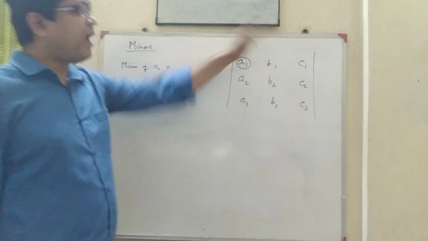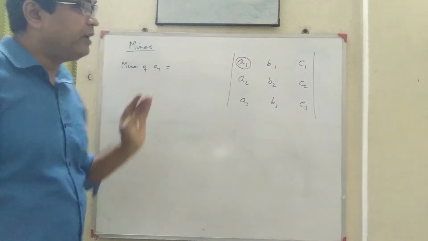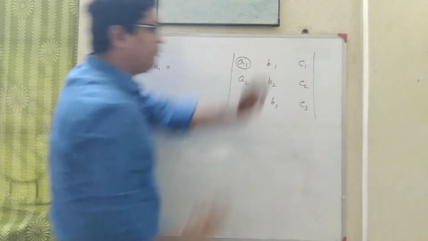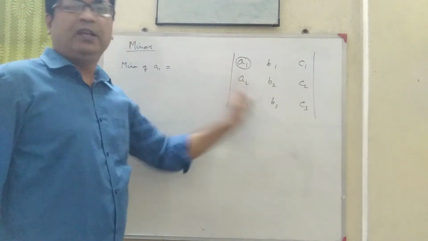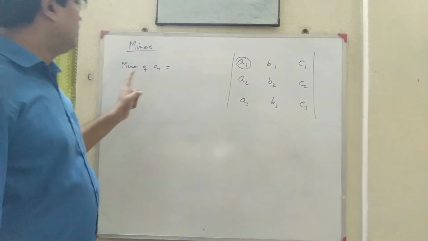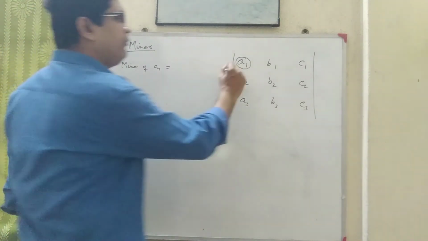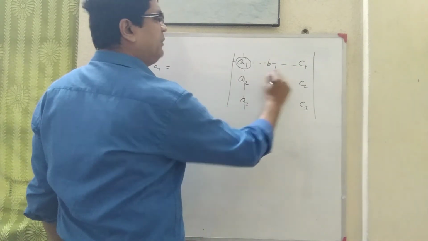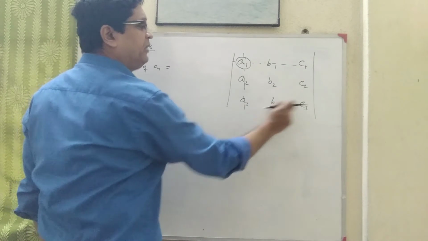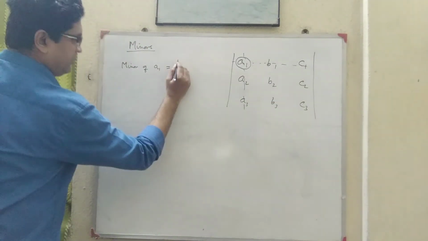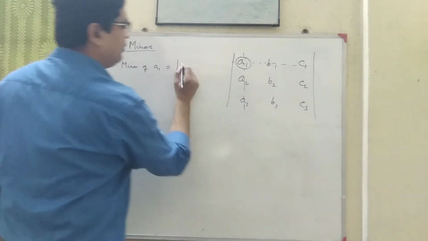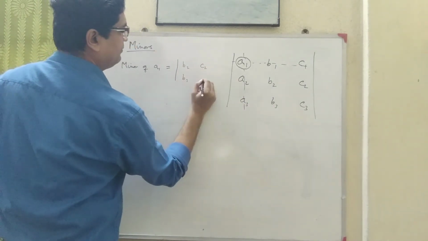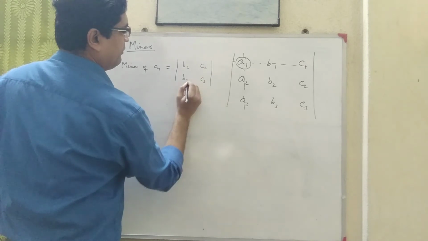So the row and the column in which the element lies, you have to cover up that row and column, and the remaining part will be the minor of this element A1. That means if we cover this, then the remaining part, B2, C2, B3, C3, in determinant form will be the minor of A1.